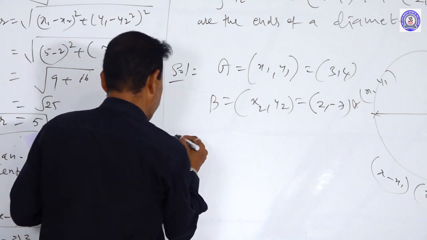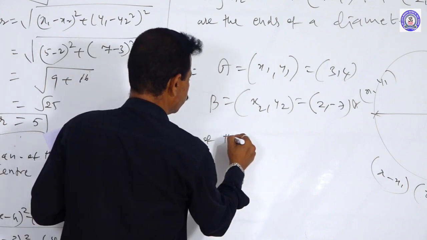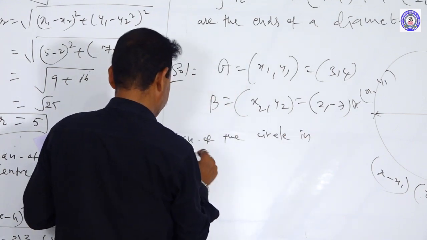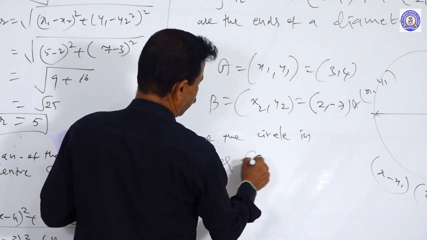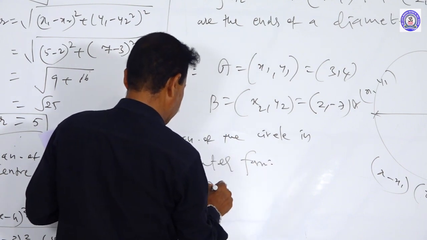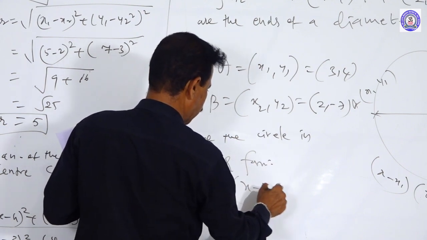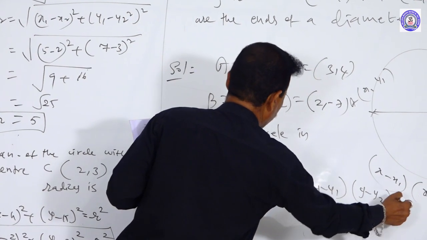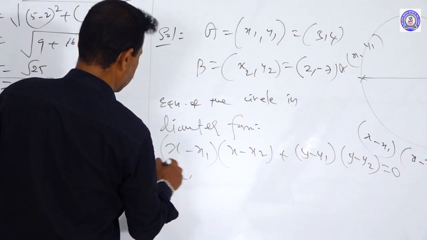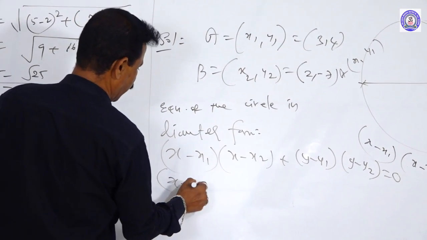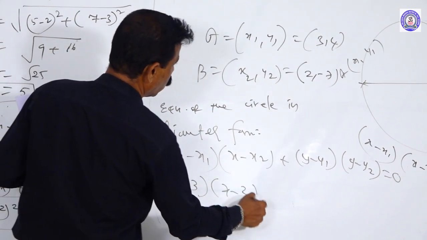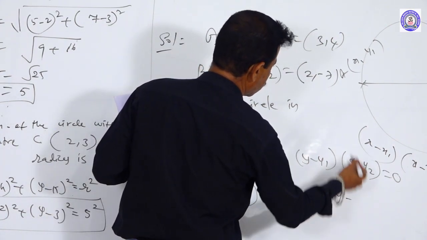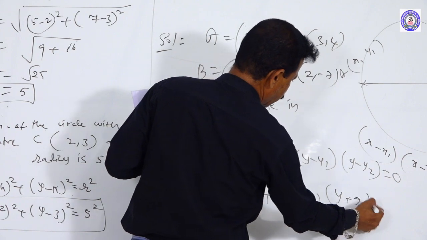So equation of the circle in diameter form: x minus x1 into x minus x2 plus y minus y1 into y minus y2 is equal to 0. So x minus 3 into x minus 2 plus y minus 4 into y plus 7 is equal to 0.